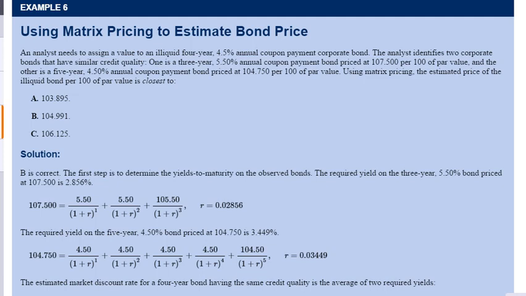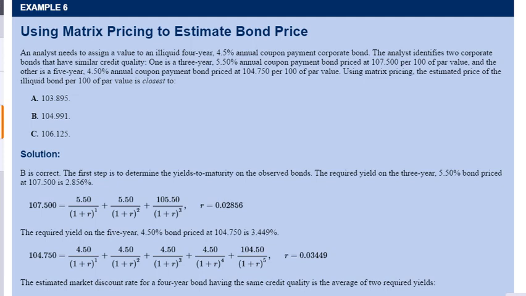One is a 3-year, 5.5% annual coupon bond priced at 107.5. And the other is a 5-year 4.5% annual coupon priced at 104.75. So using matrix pricing, the estimated price of the illiquid bond is closest to A, 103.895, B, 104.991, or C, 106.125.